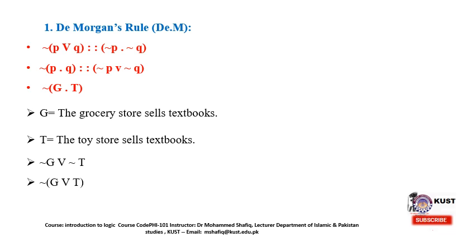Then we can express this in symbolic form, which starts with tilde, bracket G wedge T, and it can be replaced with not G dot not T. That was De Morgan's principle or rule. The second one is called commutative.